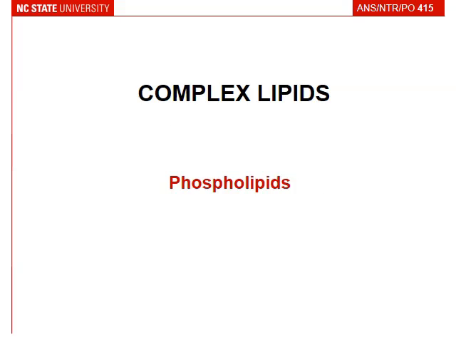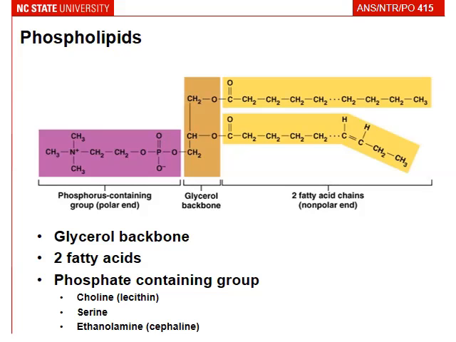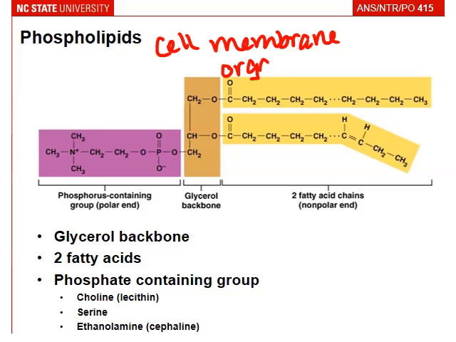Our next category of our complex lipids is our phospholipids. And phospholipids are very critical because this is what is making up our cell membrane and other organelle membranes.